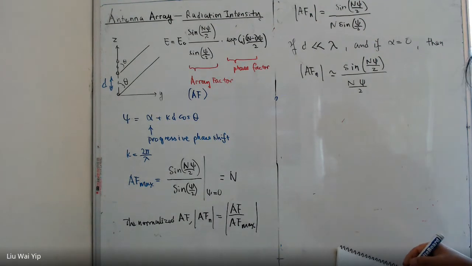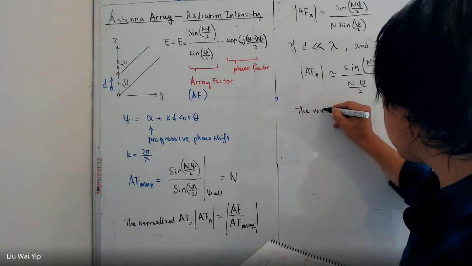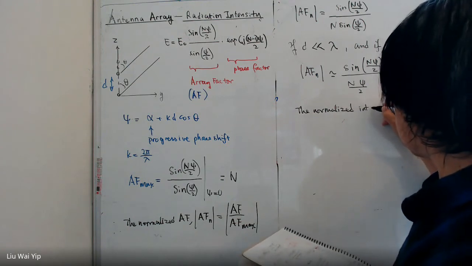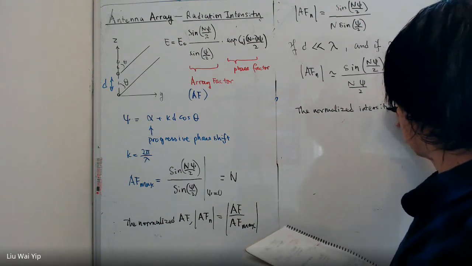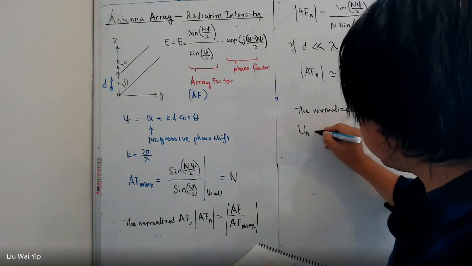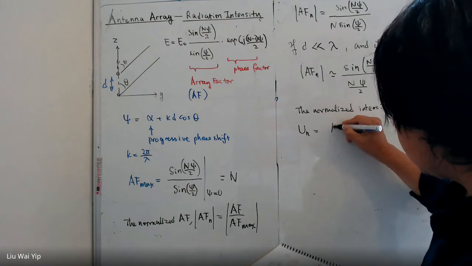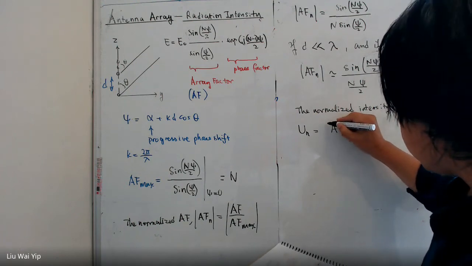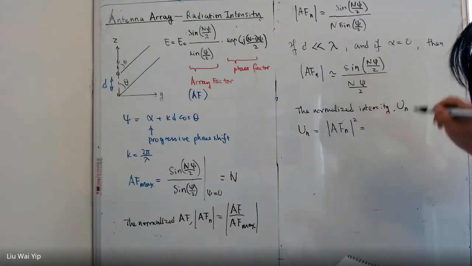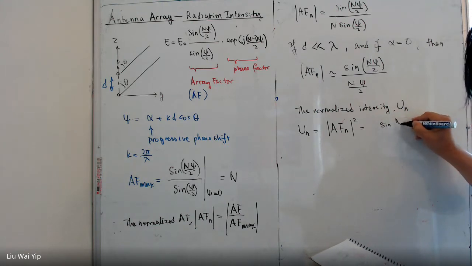The normalized intensity Un is given by the electric field, I mean this variable, times its conjugate.